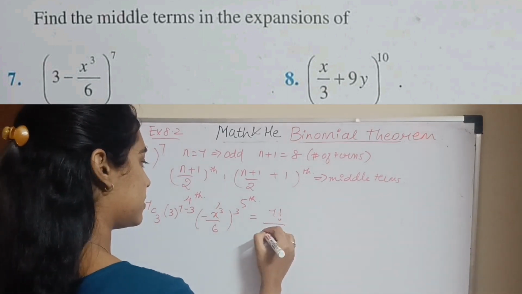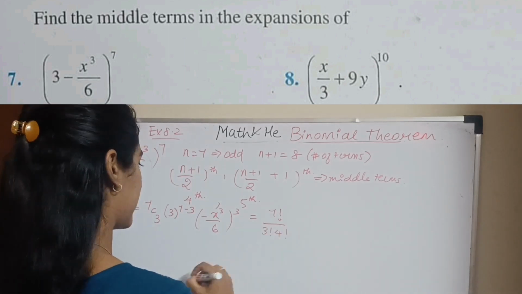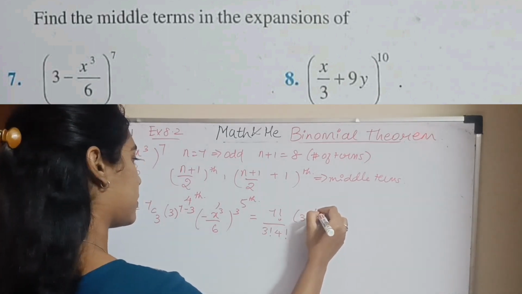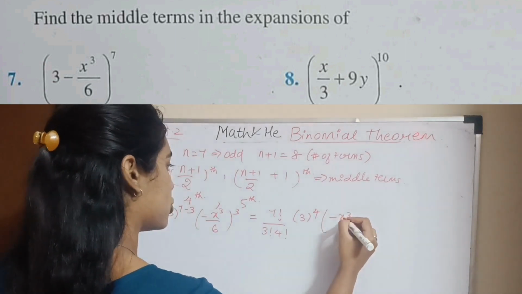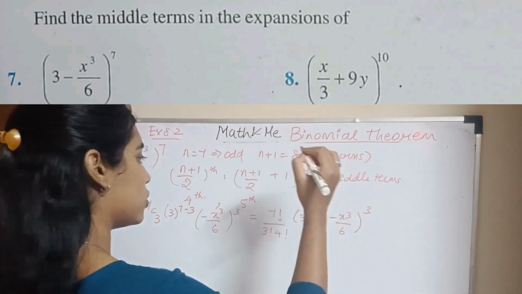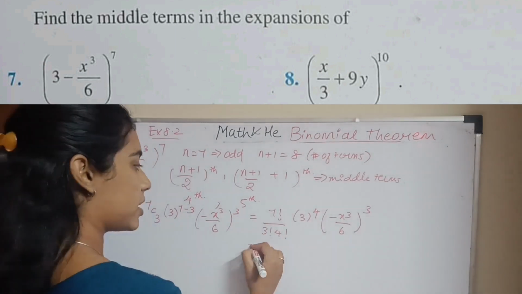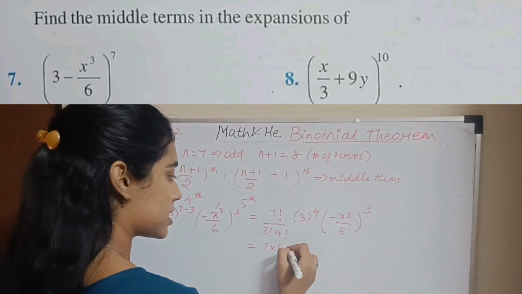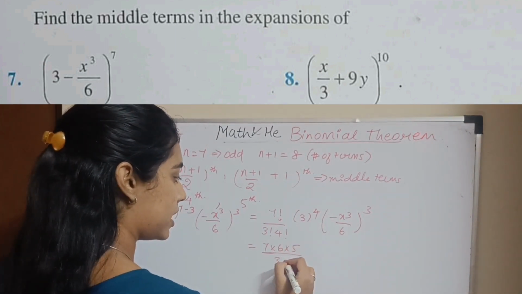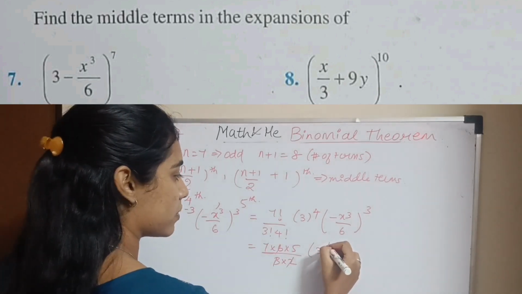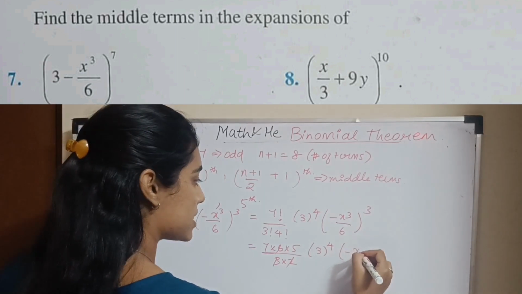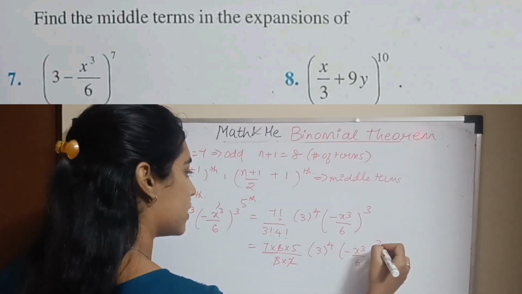It is 7 factorial divided by 3 factorial, 4 factorial, times 3 to the power 4 times (minus x cubed divided by 6) the whole cube. Okay. So what do you get here? 7 into 6 into 5 divided by 3 into 2. So this gets cancelled, times 3 to the power 4 times (minus x cubed divided by 6) the whole cube.